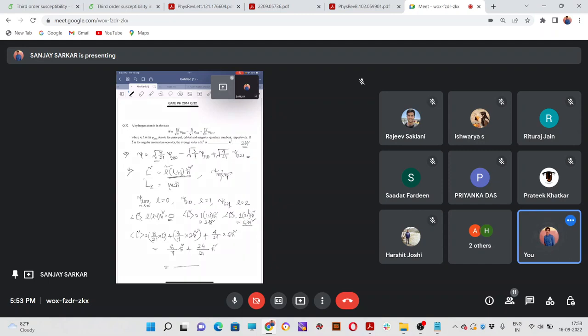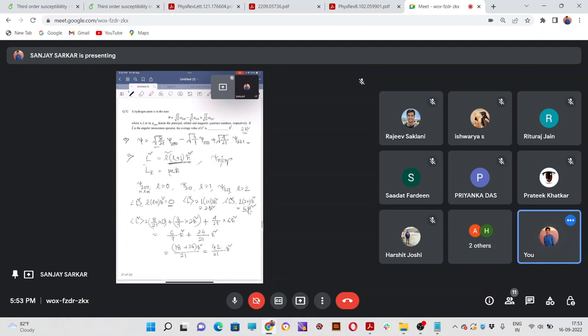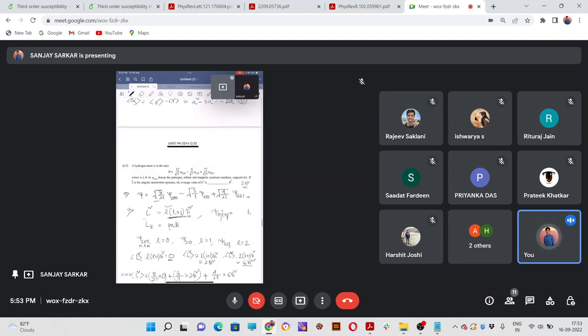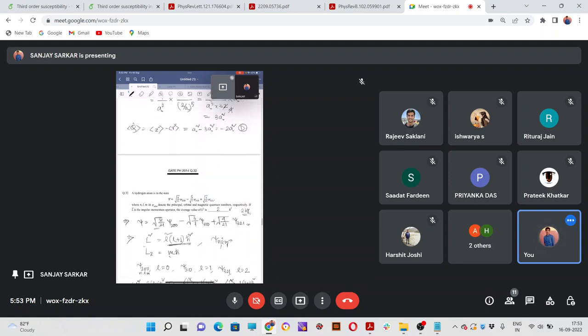If we calculate it, we get 18 plus 24 into h bar square, so 42 by 21 h bar square, which is 2 h bar square. So the numerical value asked in the question would be 2.